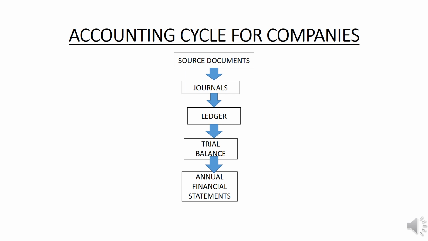So whenever an asset is increasing on the debit side, your accumulated depreciation will always be on the credit side to reduce the historical cost down to your carrying value, carrying amount, or book value.